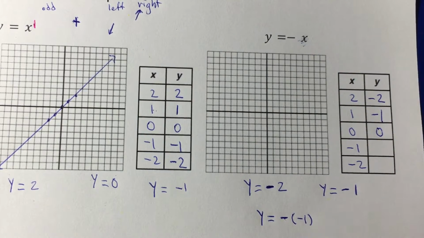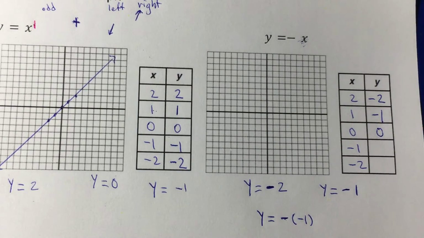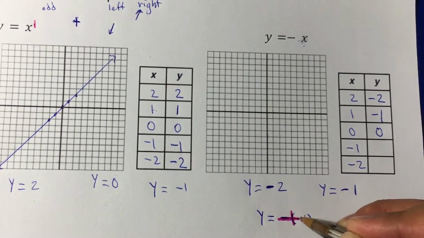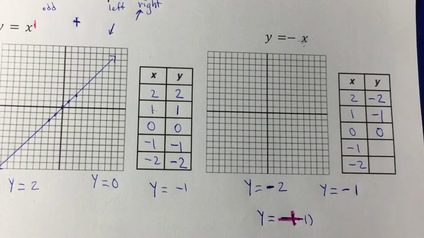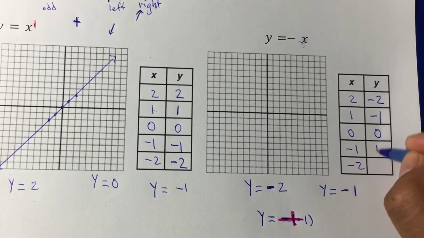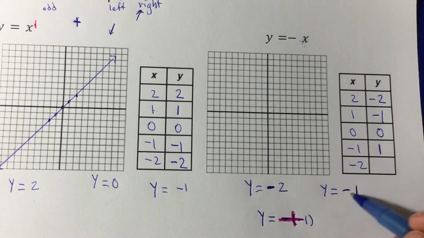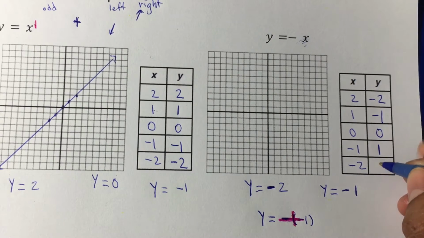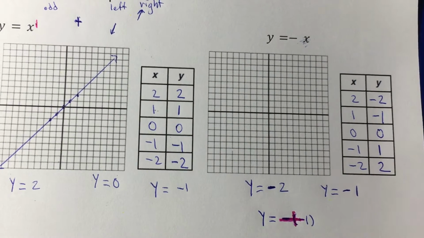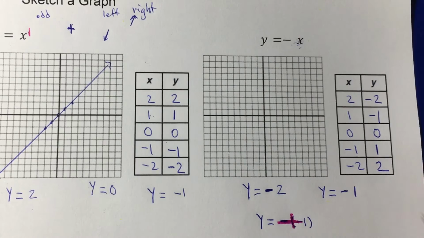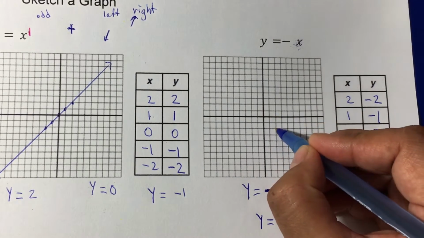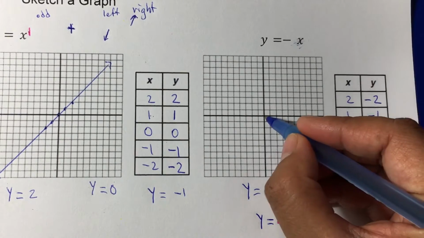And negative and negative make a positive. I make it so big that the negatives disappear so I don't get confused, and it's +1. And the same thing, negative from here and negative from the value for x, negative and negative becomes +2. So now that we have our values, we can start graphing: 2, -2, 1, -1.